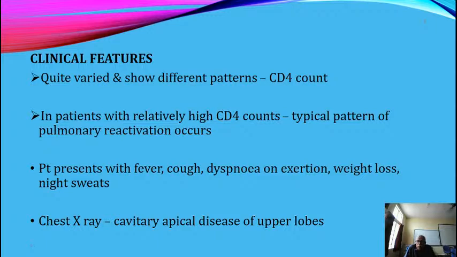But patients usually present with all typical symptoms. If it is pulmonary tuberculosis, they will have productive cough, fever, dyspnea on exertion, weight loss, and night sweats. These are the classical symptoms in TB. And chest X-ray will show you cavities, mainly in the lower lobes, not upper lobes. Upper lobes are usually involved in normal, non-HIV patients.